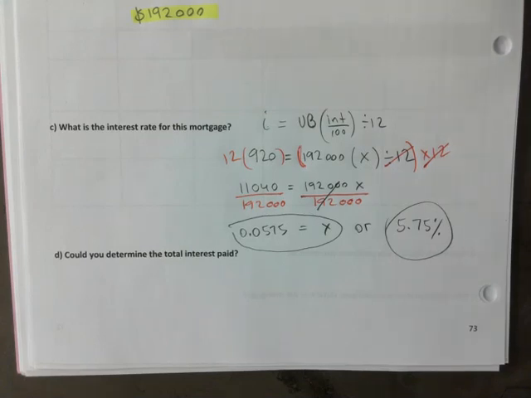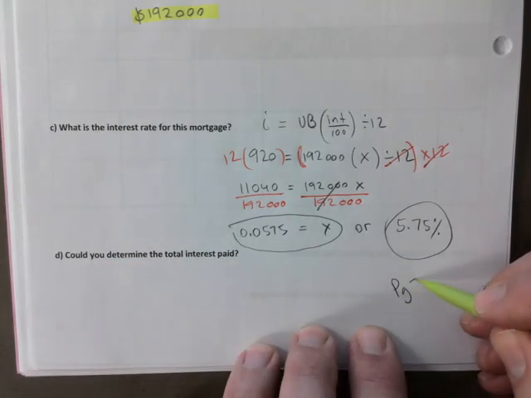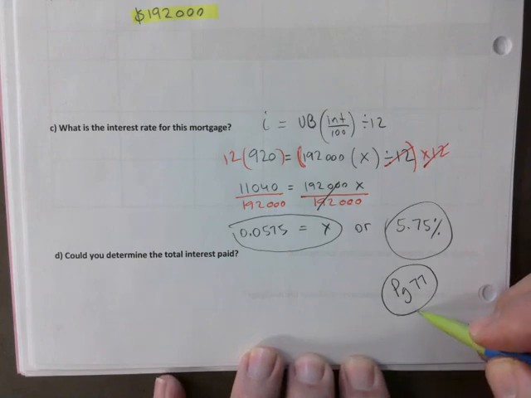Time is up. So I'm just going to ask you this: try page 77. We're going to leave this one, the total interest paid. I want you to try page 77. That's a partially filled in table.